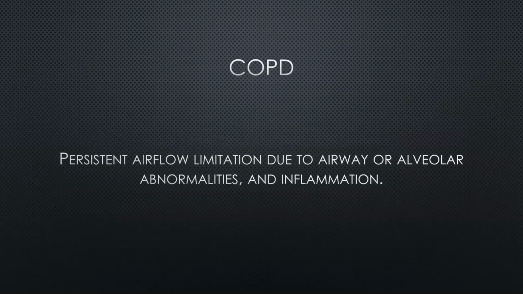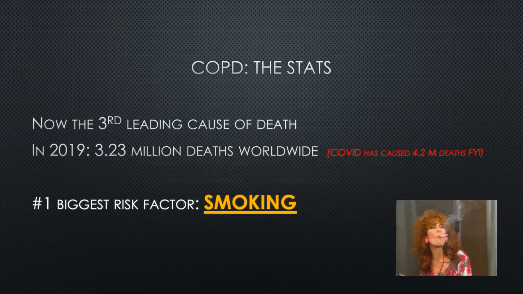So COPD, we all know, is a persistent airflow limitation due to airway or alveolar abnormalities and also inflammation. It is now considered the third leading cause of death. In 2019, 3.2 million deaths occurred worldwide according to the WHO.